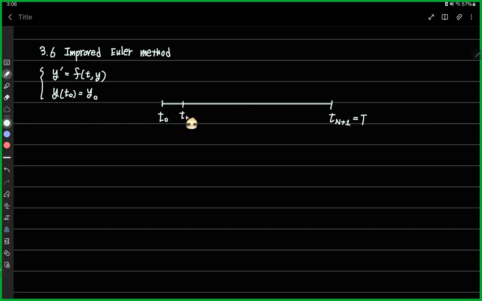That is t1, t2, t3, through tn, and so on, up to tn plus 1. So we divide the time interval, or domain, into n subintervals.